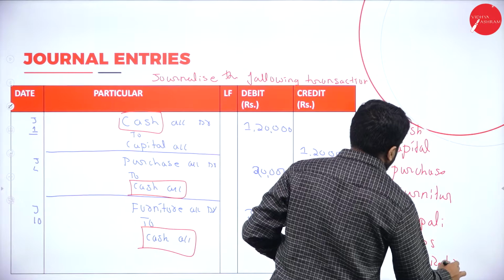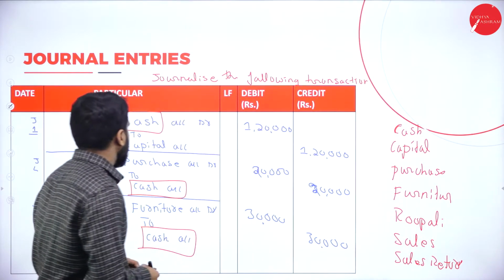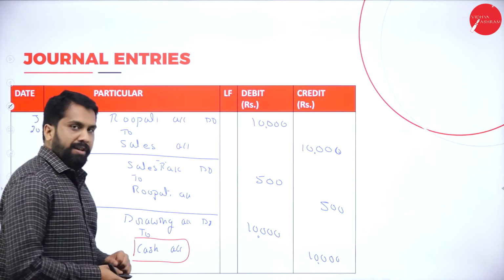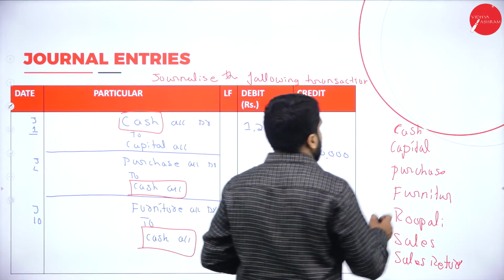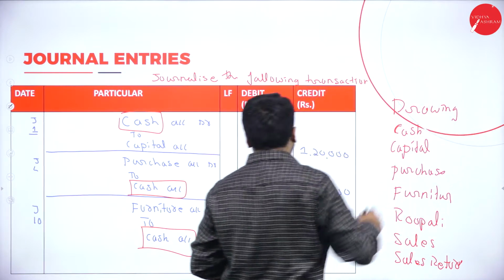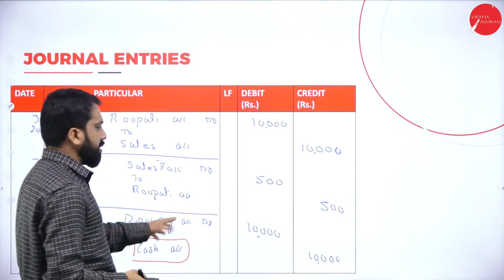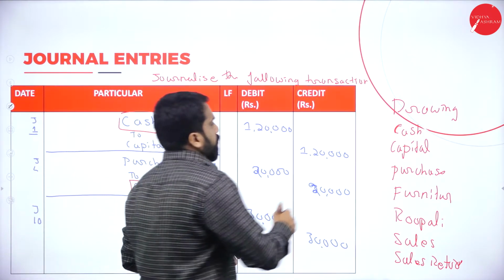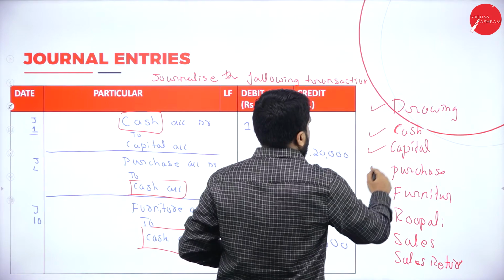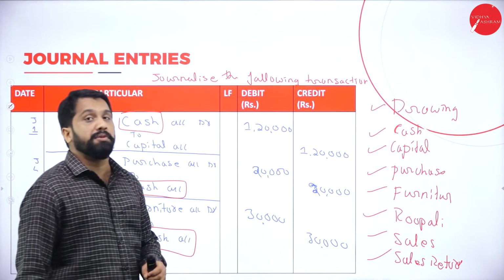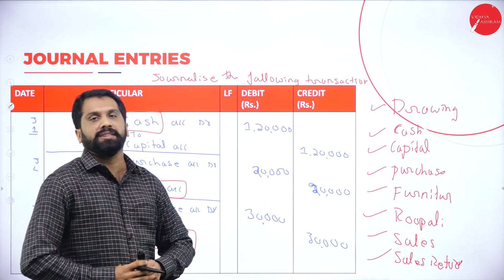Rupali is over. Drawing, we are supposed to prepare drawing account. Then, cash, it is already done. So, how many ledger accounts do we have to prepare? 1, 2, 3, 4, 5, 6, 7, 8. Total, we are supposed to prepare 8 ledger accounts.